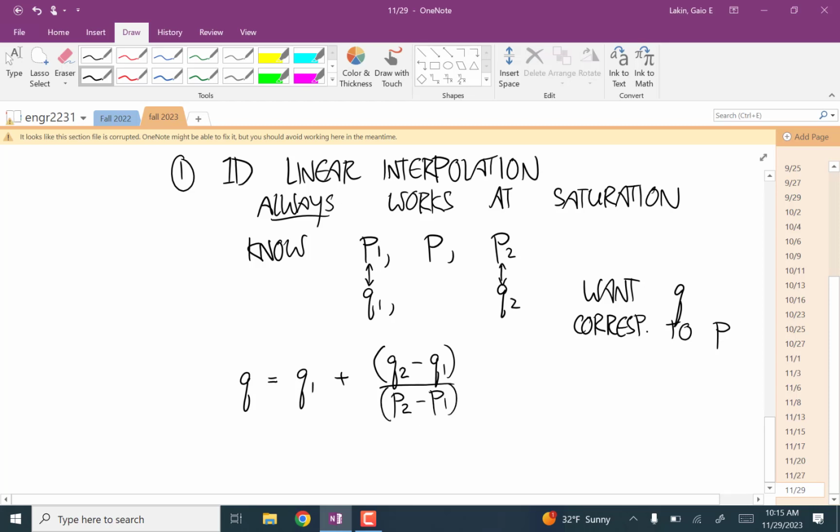I'm using this P for property, not for pressure, by the way. It can be anything. I've written this a few different ways in function notation, but this is the way to find one property that you don't know.